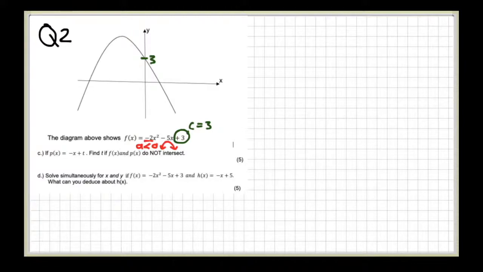What do they mean? Well, if I look at the graph, p of x has a negative gradient, in other words, a negative gradient of 1. They are looking for values of t that the graph would look like the one that I just drew. There's no intersection between f(x) and p(x).